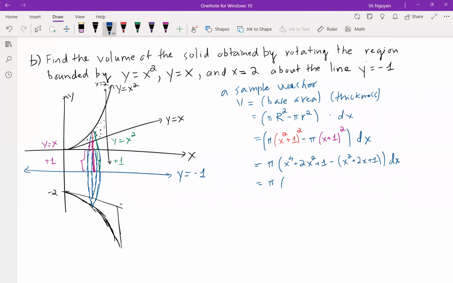This gives pi times x to the 4 plus x squared minus 2x, dx. And so the volume is the integral from 0 to 2, because the region is bounded from x equals 0 to x equals 2, of the sample volume, pi times x to the 4 plus x squared minus 2x, dx.